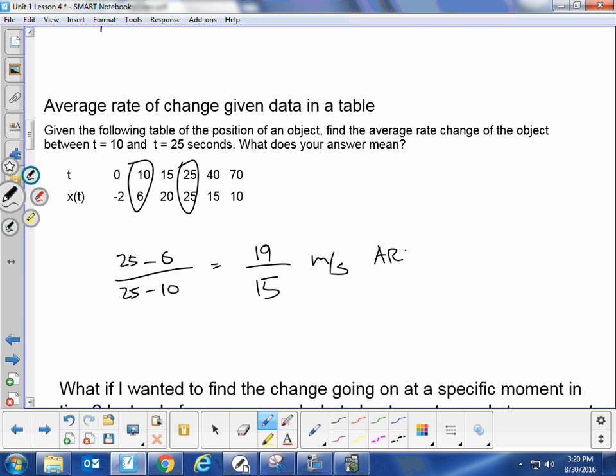Just average rate of change of my position, or my average velocity, from 10 to 25 seconds.